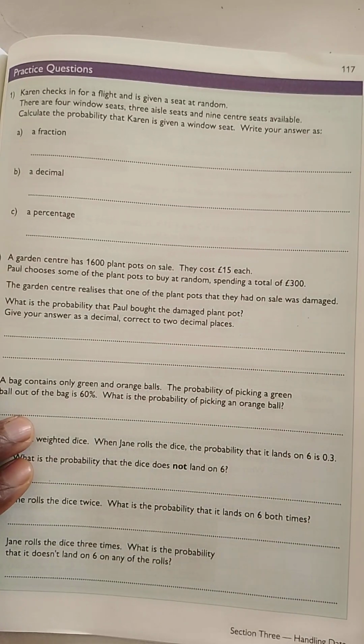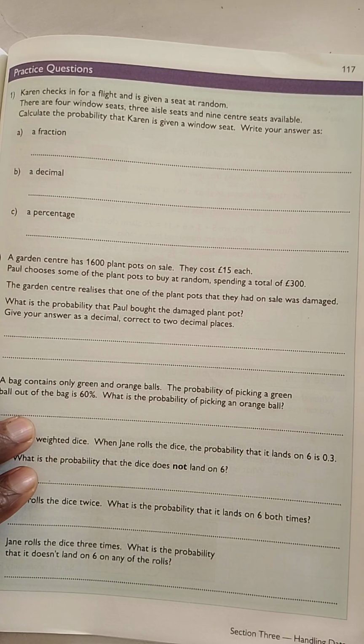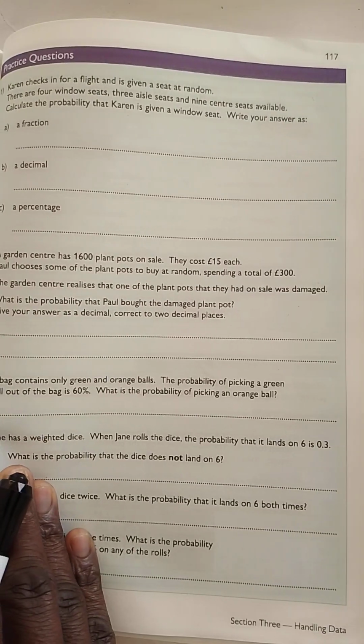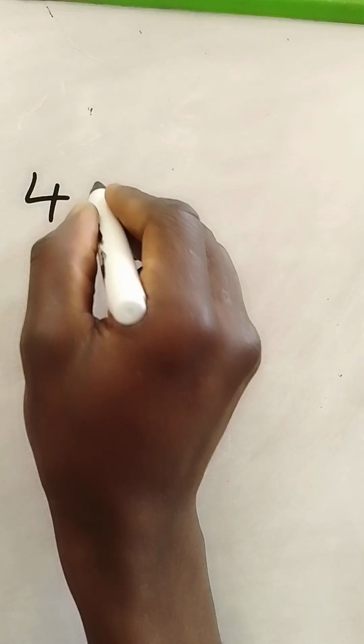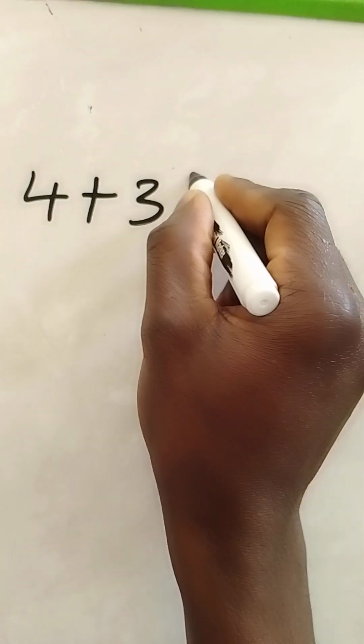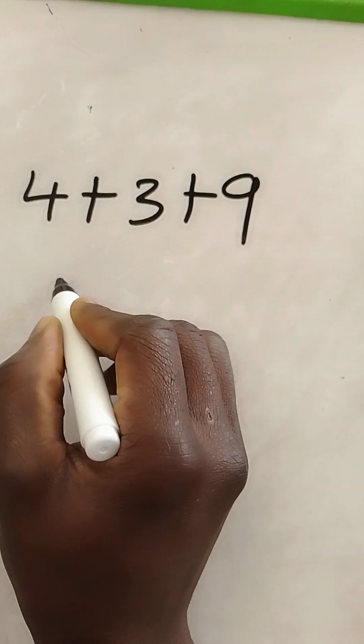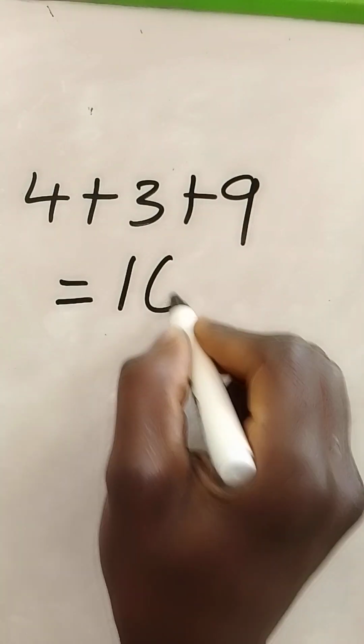Now, we're going to count all the choices available, that is the number of seats available for her, and we're going to add them together. So for the window side, she has 4 choices, for the aisle seat, she has 3 choices, and for the center seat, she has 9. And when you add all of this together, you get 16.